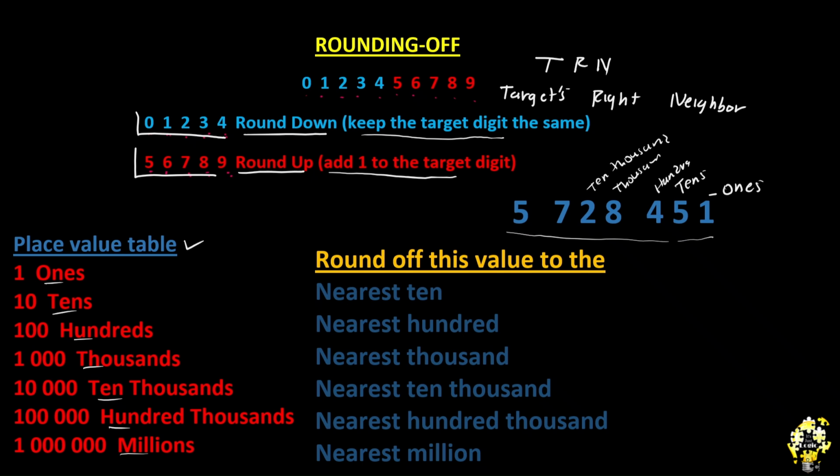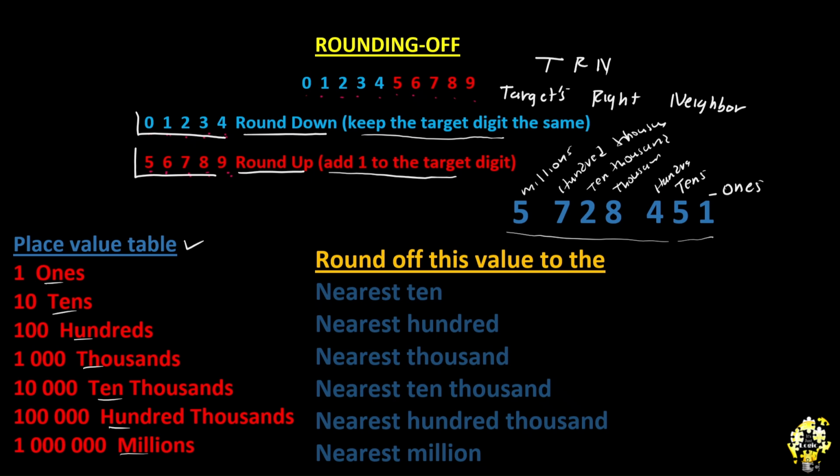And then this one is the 100,000s. And then this one, obviously, is the millions. Now, this is not something new, something that you already know. But now I'm just trying to teach you how to use that when you are rounding off, because it's important.